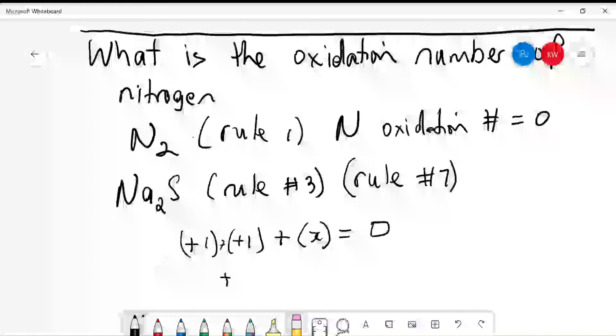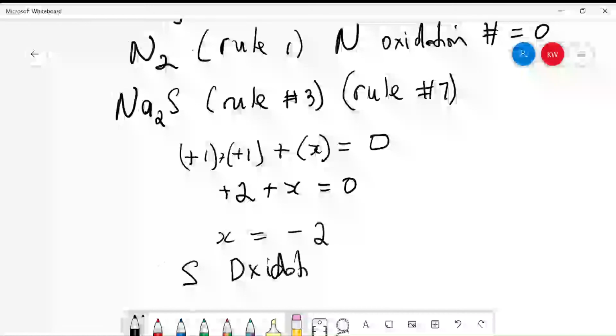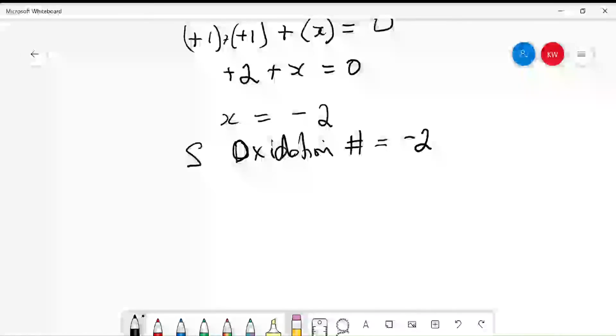So it's +2 plus X is equal to 0. So from this, we can tell that X is equal to -2. So sulfur's oxidation number is equal to -2. Okay, we'll try one more example.